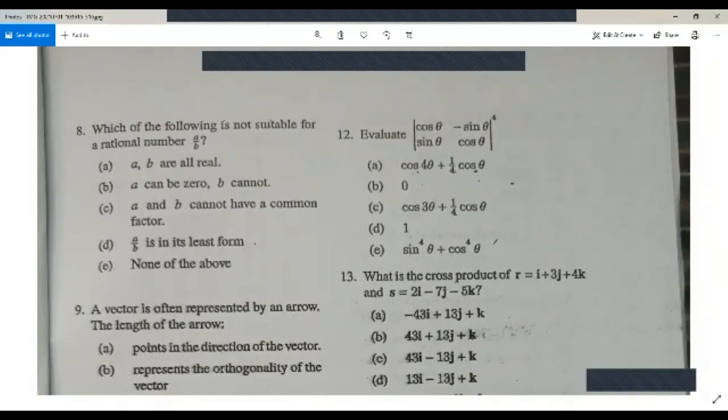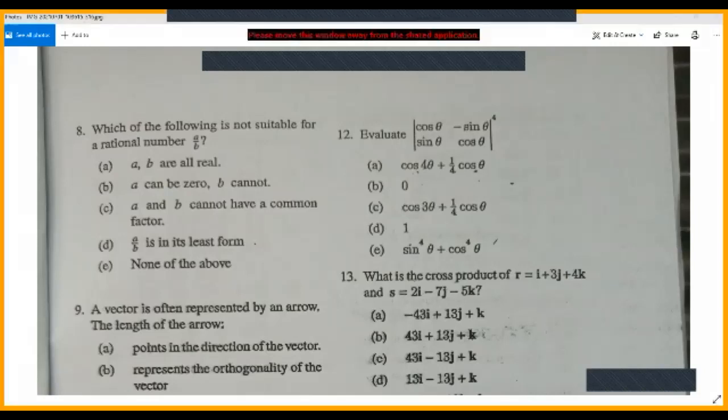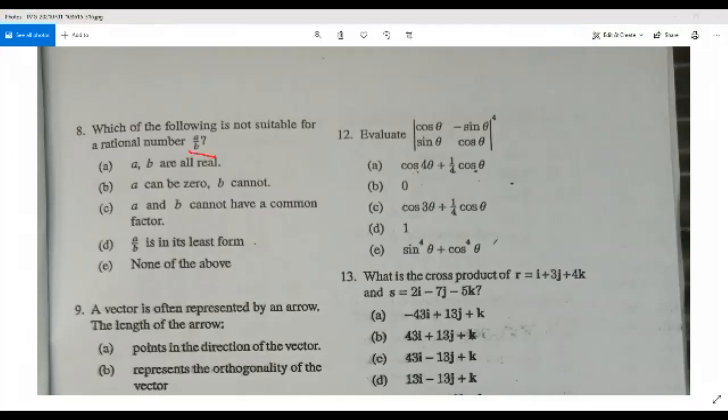Okay, good. So it's saying, which of the following is not suitable for a rational number. You know, rational numbers are fractions. Another name for fractions is rational numbers, according to the book. So we know that both A and B are real numbers, because real numbers are positive and negative integers.